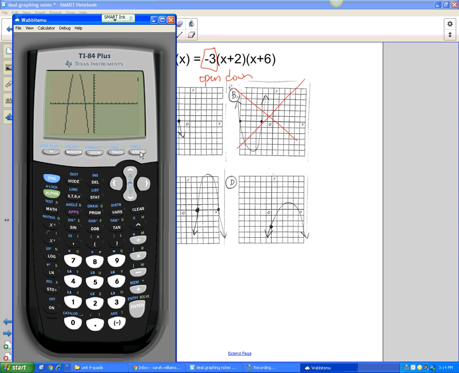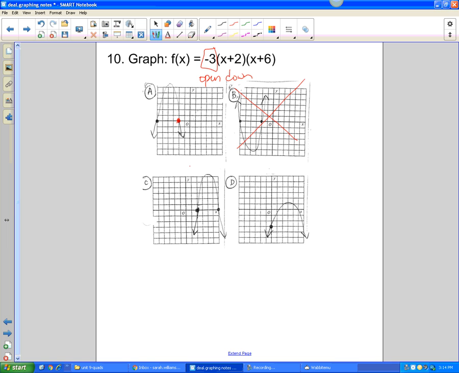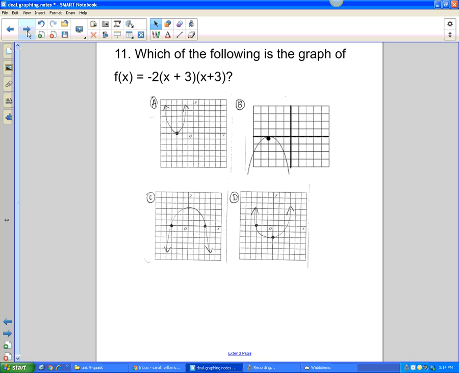And you see that it crosses at -2 and 1, 2, 3, 4, 5, 6 and -6. So -2 and -6. So the answer is A. And number 11, the negative out front says it's going to open down.